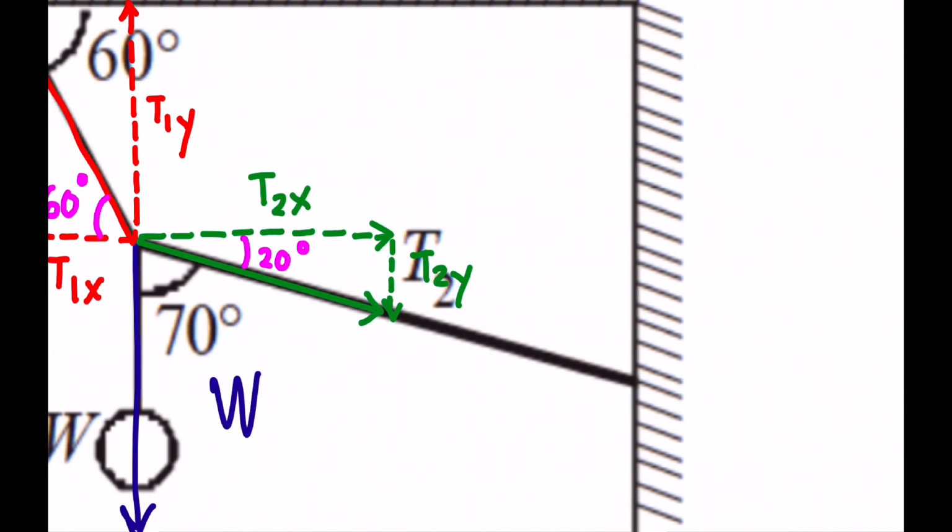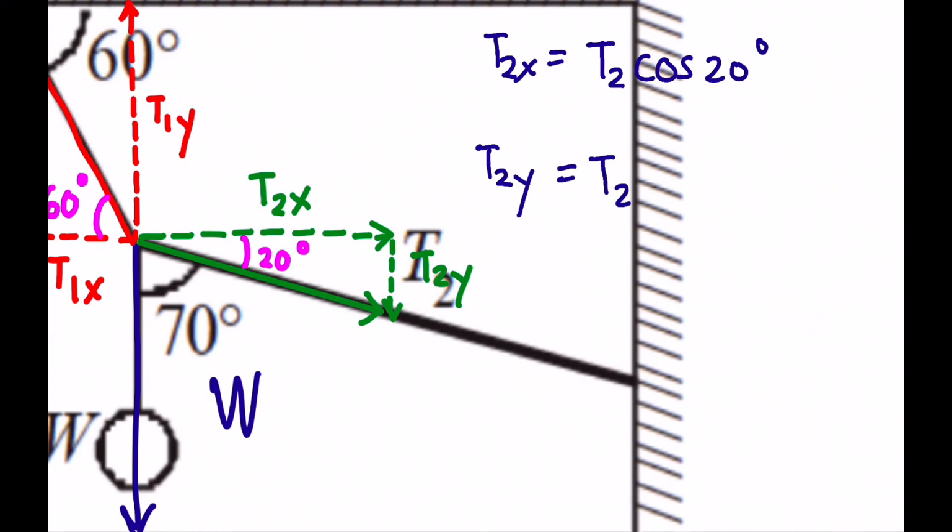So similarly, we could just say T2x is equal to T2 cosine of 20 degrees. Whereas our T2y, which is the side that is opposite to the angle of 20 degrees, then we could say T2y is equal to T2 sine of 20 degrees.